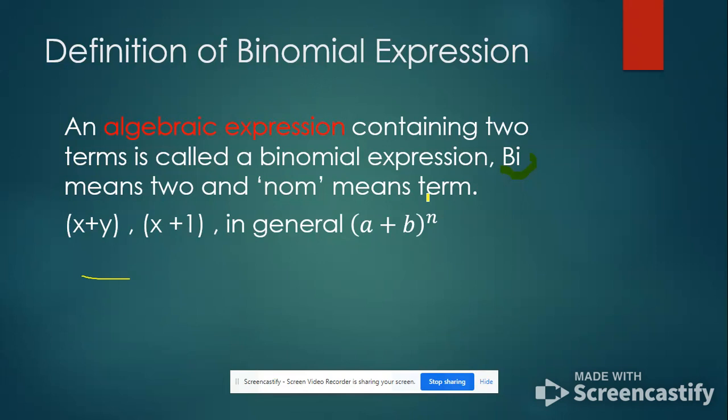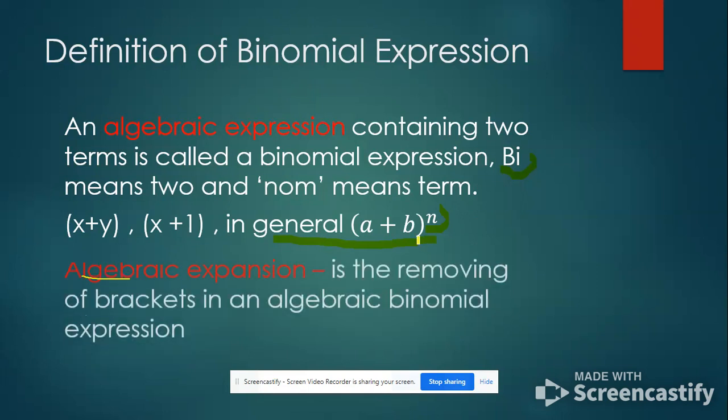So an expression of two terms combined together by either a plus or a minus is what we call a binomial expression. So in general, (a + b) raised to some power n, where n is a set of real numbers, can be negative numbers, positive numbers, or fractions. So this is the general way we can express a binomial expression.